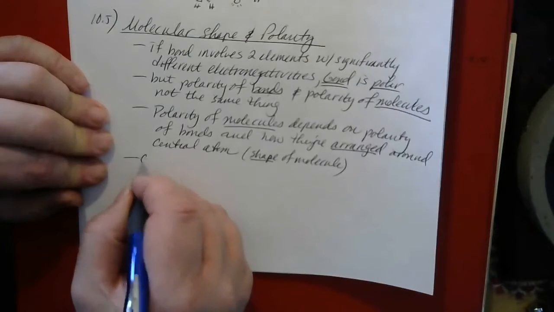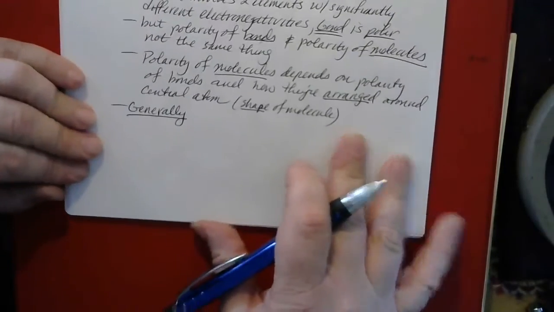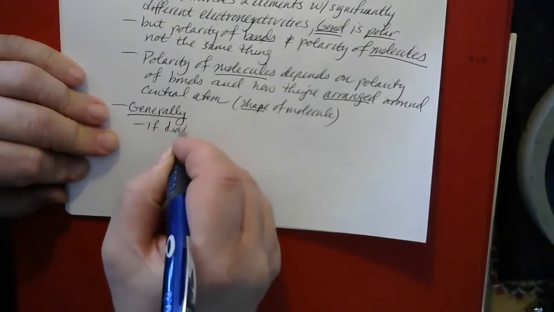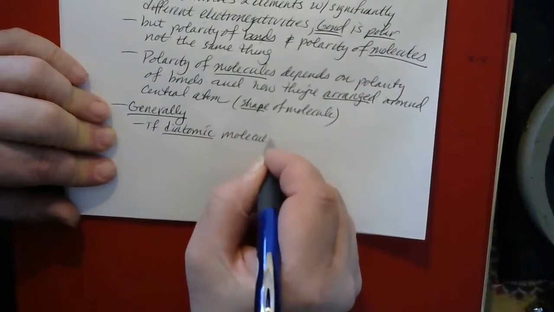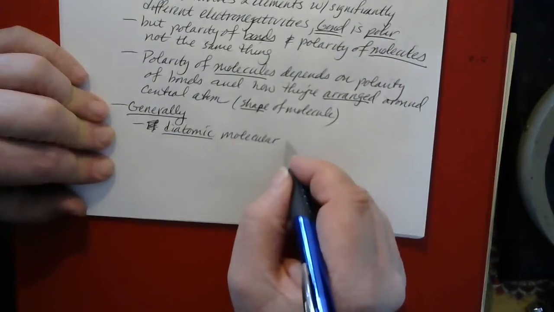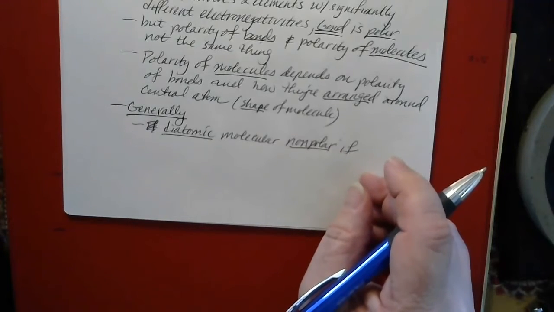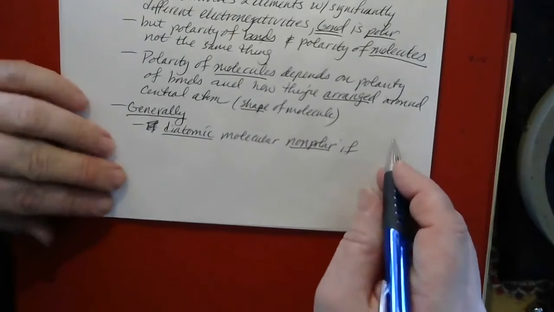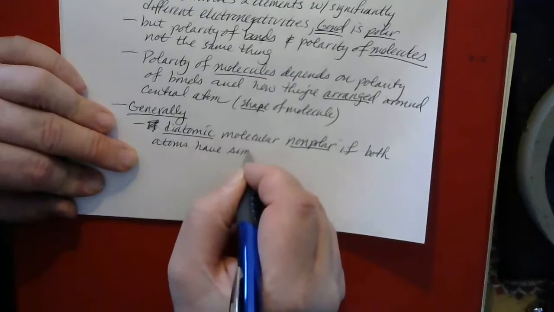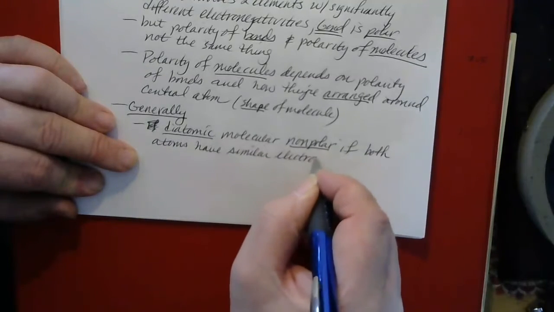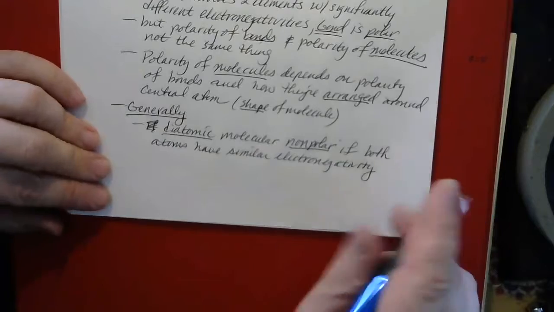Generally, and these rules of thumb are not universally true, a diatomic molecule will be nonpolar if the two atoms have the same or very similar electronegativity, and it'll be polar if they don't.